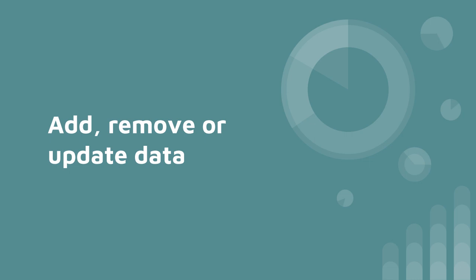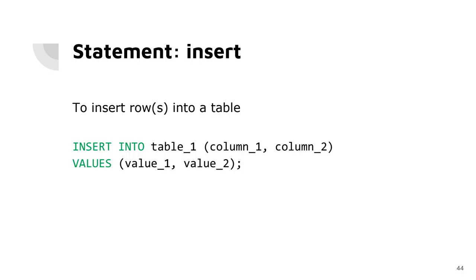Okay, and then the next commands are really simple commands, just for adding, removing, or updating data. And so this is the first command to insert a row into a table. And so that means values. So you once define the table with create table, and then the schema is fixed, and then you can add, remove, or update rows.